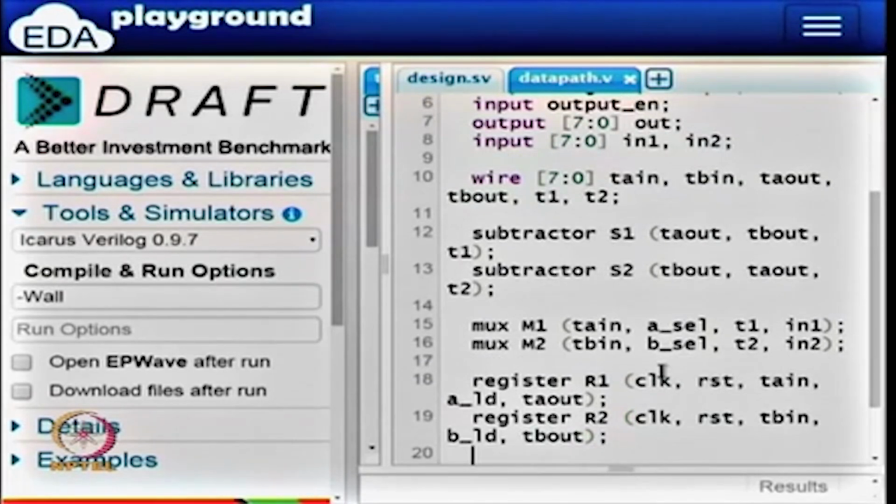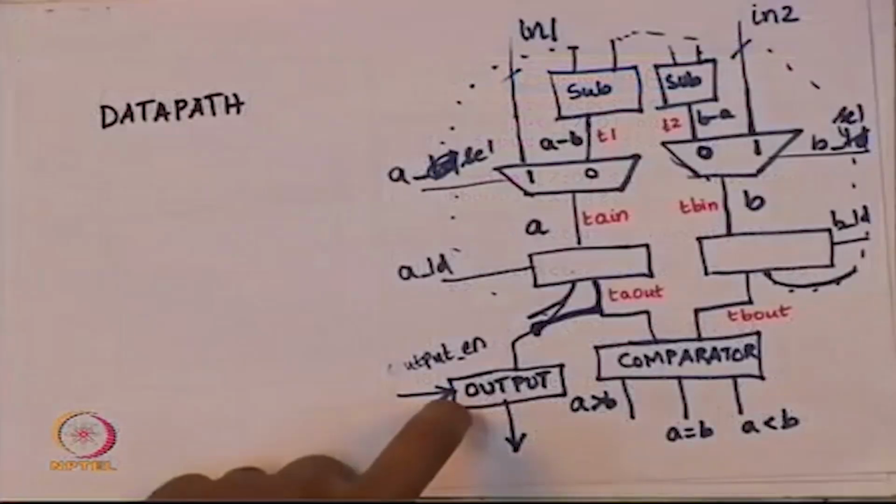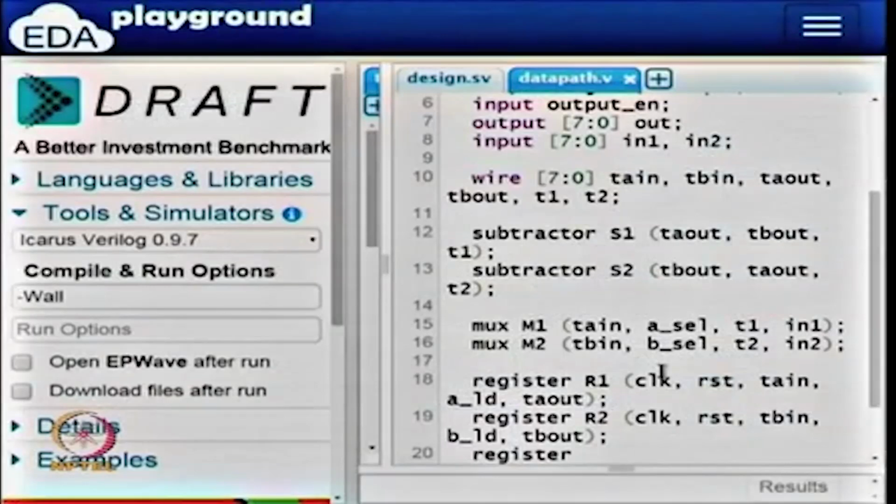And finally, we will need a register which is for the output itself. So there is this output register, we need a register for that. I am going to call that register R out, and R out takes clock and reset.